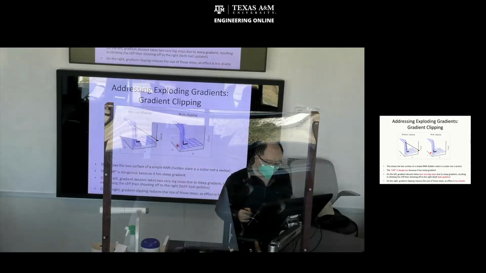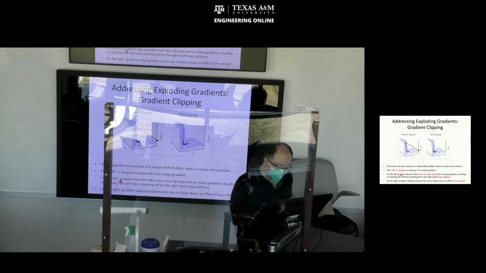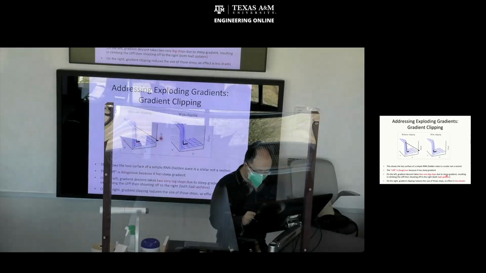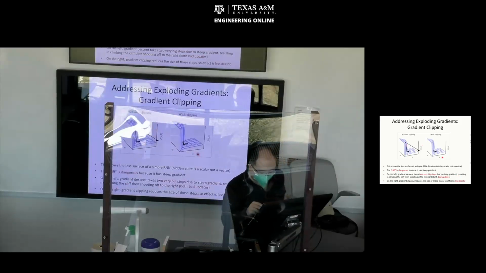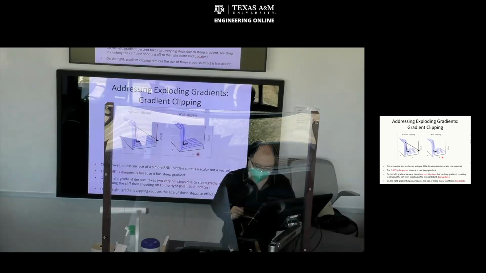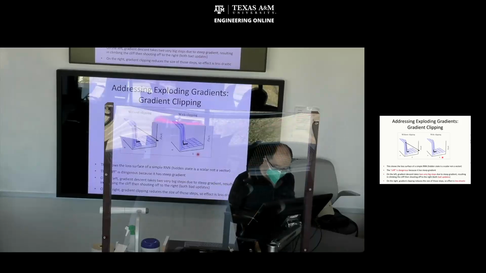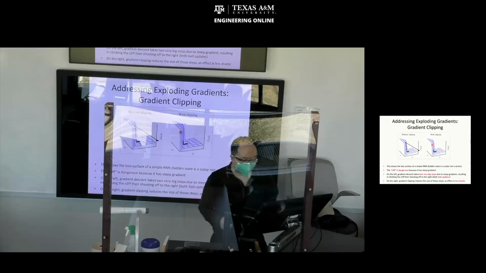So again, on the left, the gradient descent takes two very large steps due to the steep gradient, resulting in climbing the hill and then shooting off to the right. Both are bad updates. On the right, the gradient clipping reduces the size of these steps, so it's less drastic. You're not climbing all the way to the cliff and going somewhere else completely, okay?